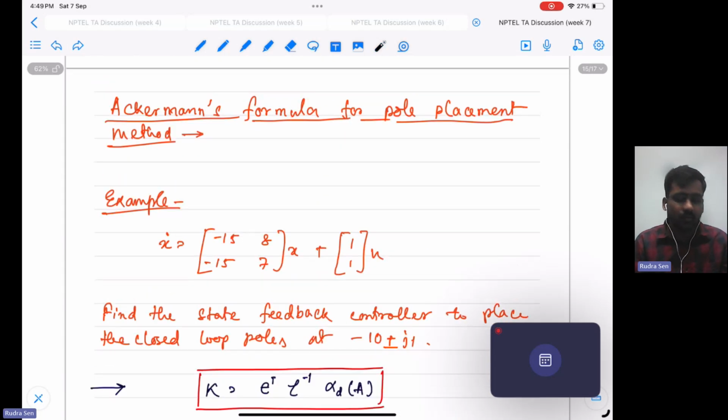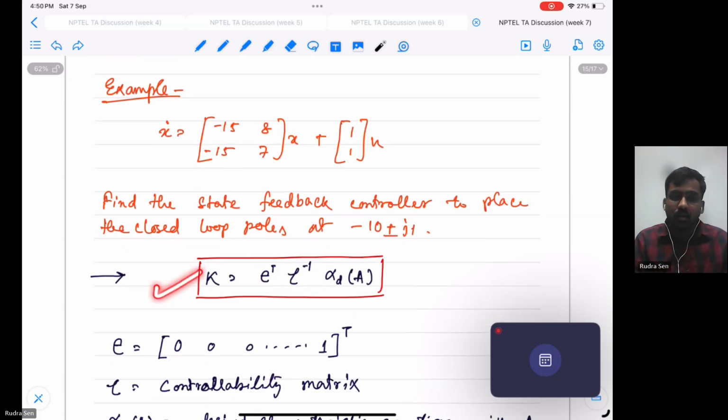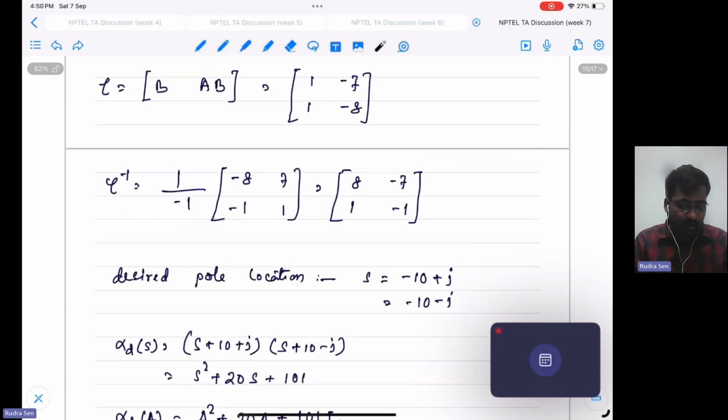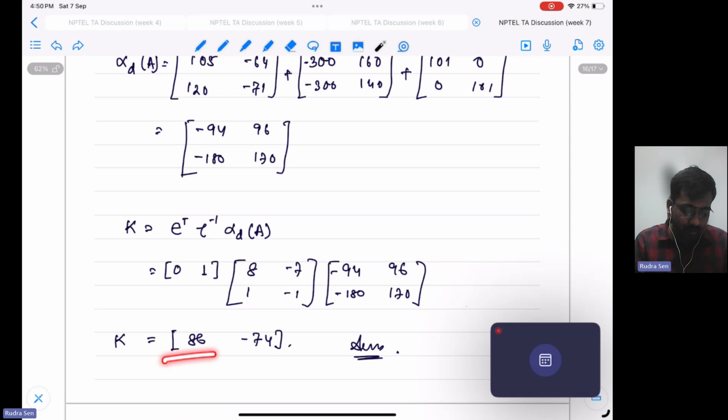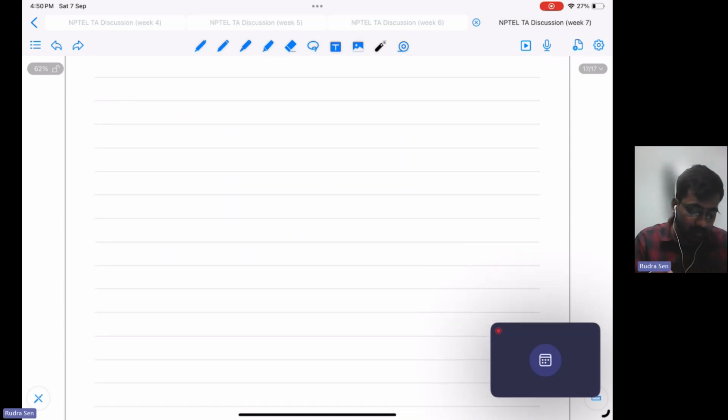And then lastly, we have studied the Ackermann's formula. In this formula, we do not need to do the similarity transformation. We basically use this law, and we automatically find the system gain matrix. So this is all about today's class.